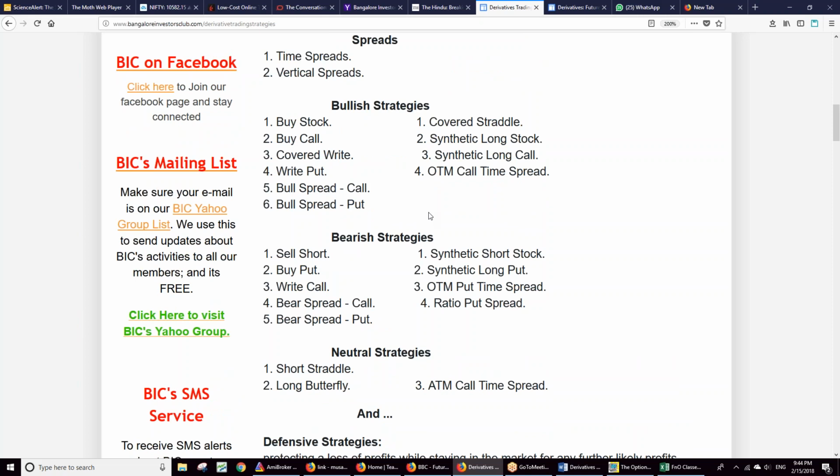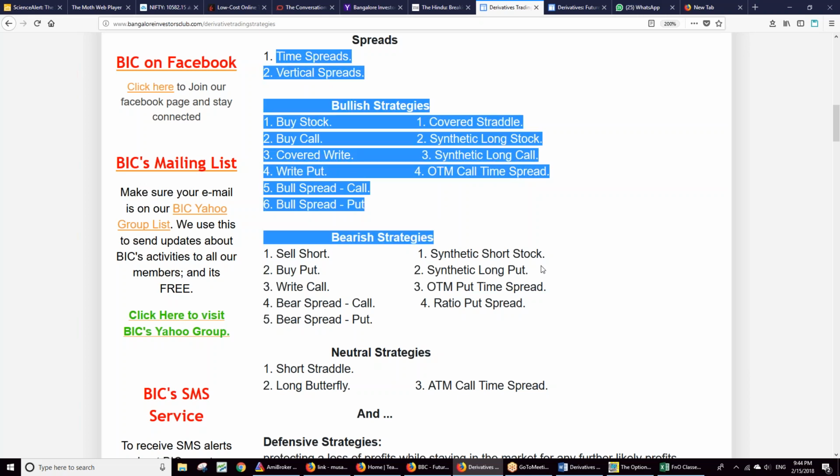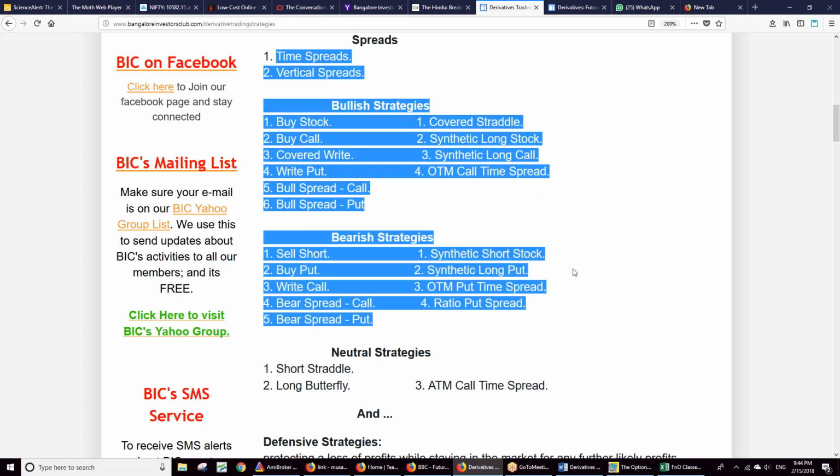And again, I'm reiterating that we will do our best to identify live setups for each and every one of these strategies that we are talking about, and we are going to track them and follow them. So be prepared for a lot of activity in the market.